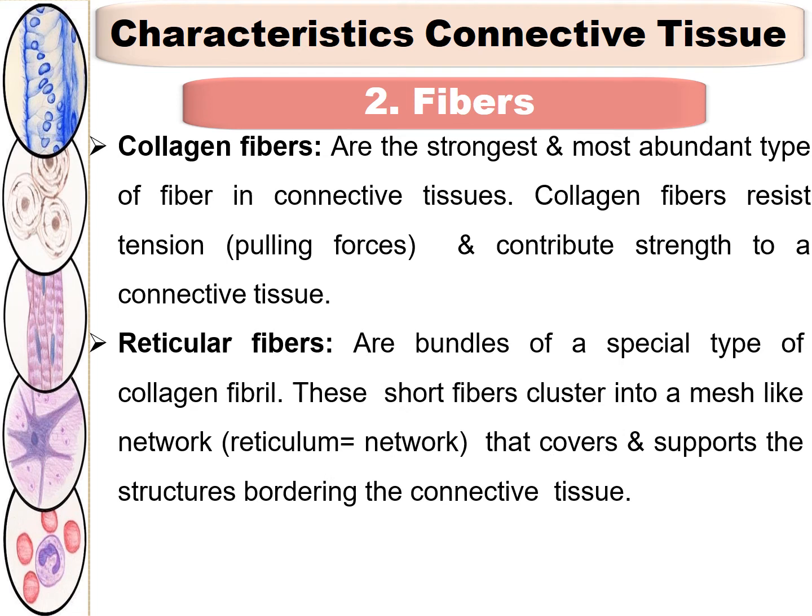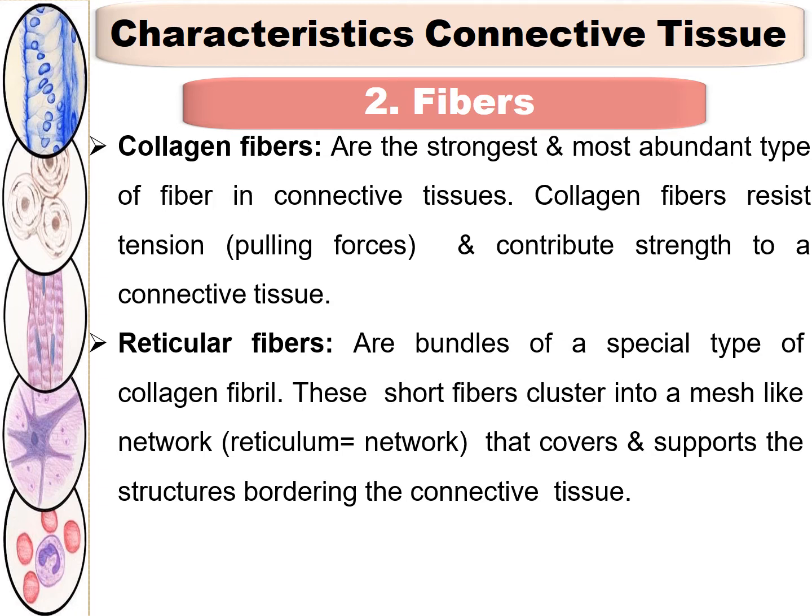Then the second type of fiber present in connective tissue is the reticular fibers. Reticular fibers are bundles of a special type of collagen fibrin. These short fibers cluster into a mesh-like network.